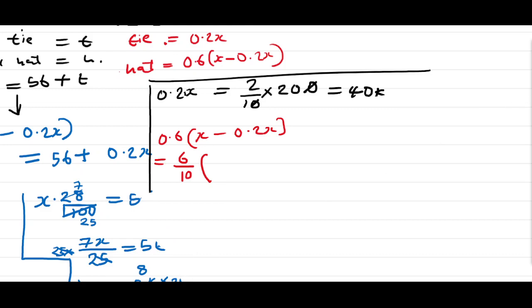We won't be needing it again, so we are safe. So x is 200. There's no point in finding this. We already know it's 40. So this is 200 minus 40, so this is 6 over 10 multiplying 200 minus 40, which is 160, right here.